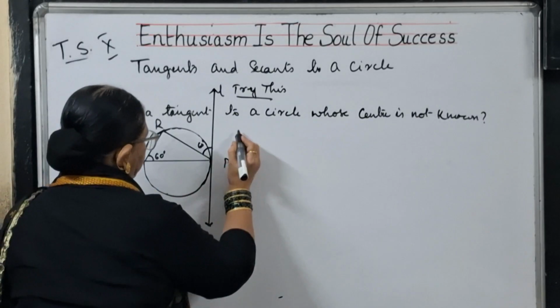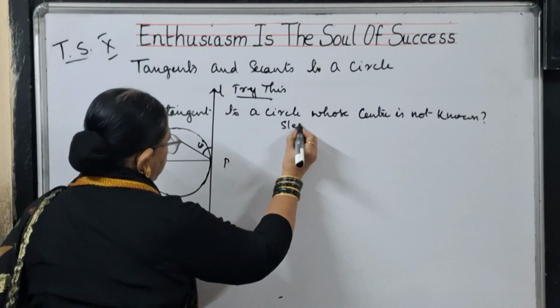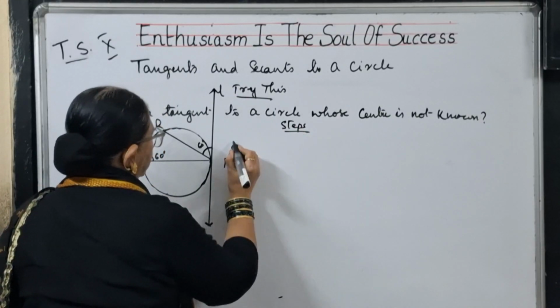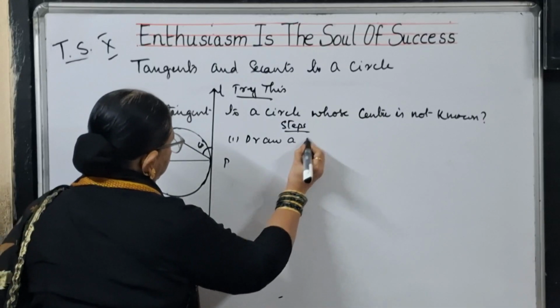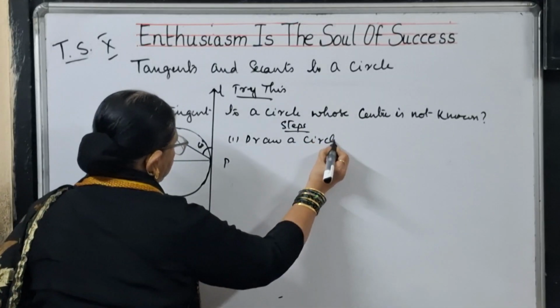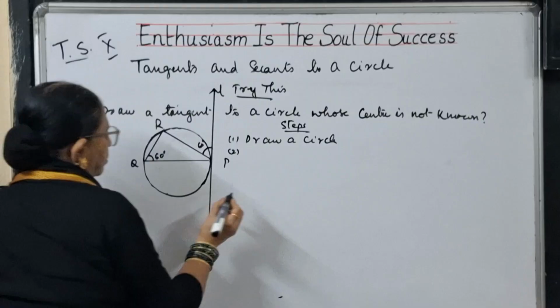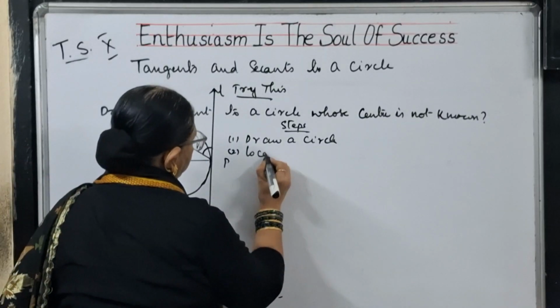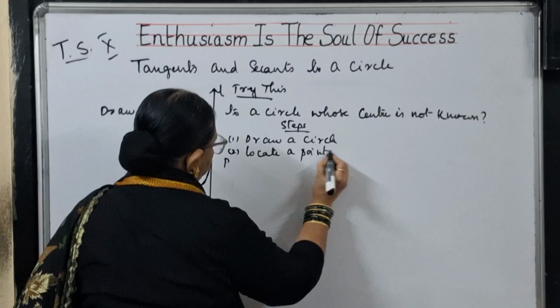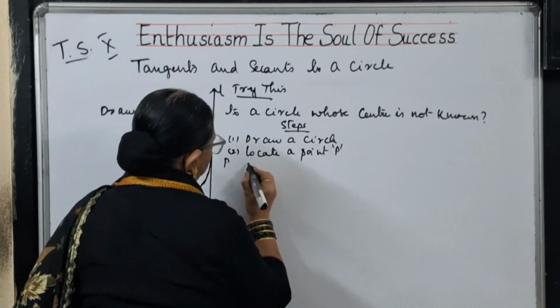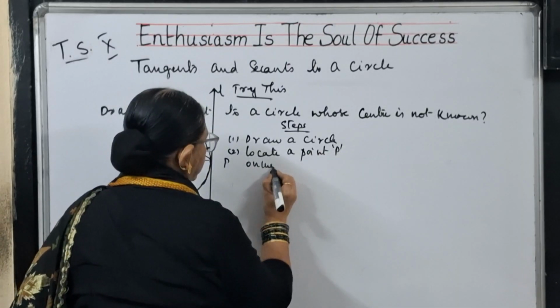Now let us write the steps. First, draw a circle, and second, locate a point P on the circle.